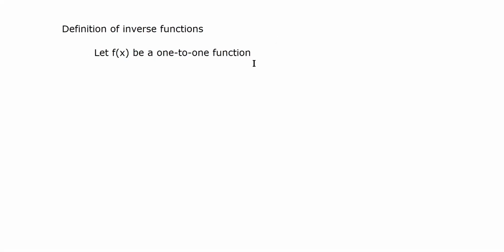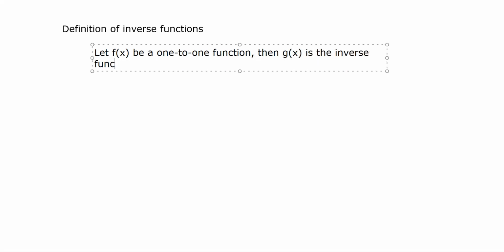That's the only possible way. So let f of x be a 1-to-1 function. If that's the case, then g of x is the inverse function to f of x if, basically, you can plug them into each other and you just produce an x.